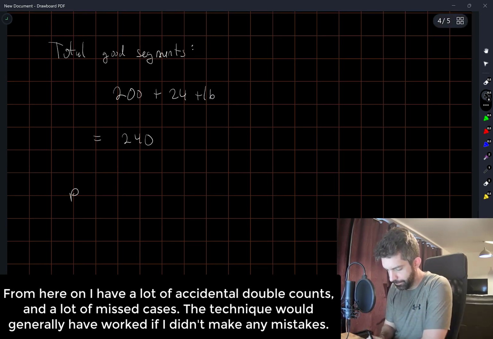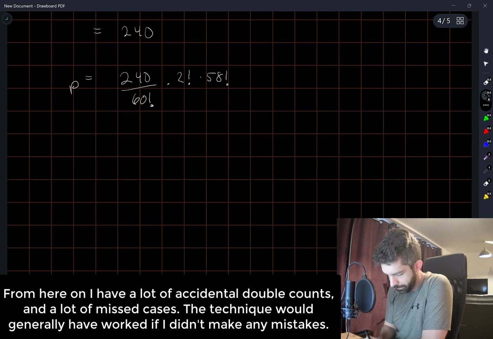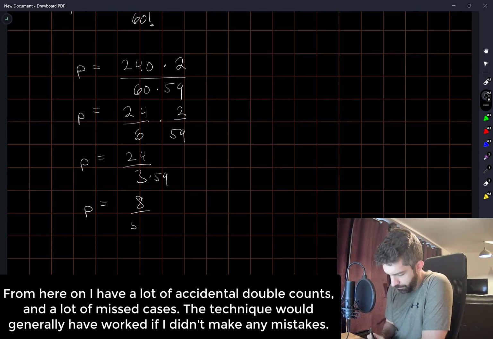So the probability is 240 divided by 60 factorial over 2 factorial times 58 factorial. 240 times 2 divided by 60 times 59. 8 over 59.